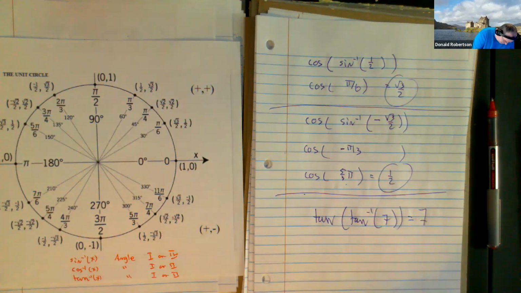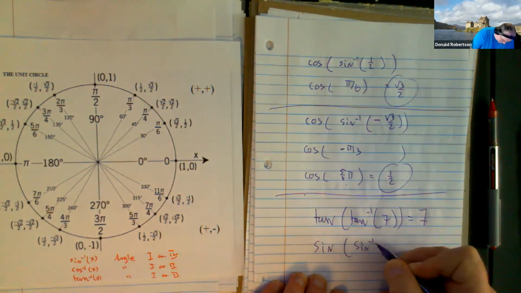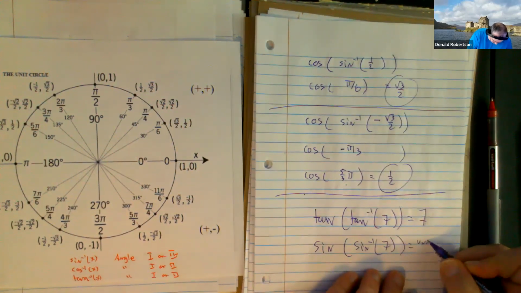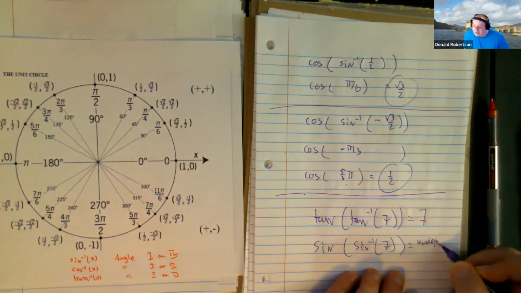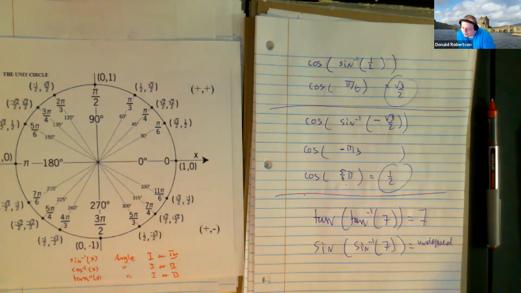If I'd said to you the sine of the inverse sine of 7, wouldn't you say that was undefined? But you can get an angle whose tangent is 7. Can't you get an angle whose tangent is 1,000,000? Tangents, you can get any answer. You can get an angle of 4 billion.